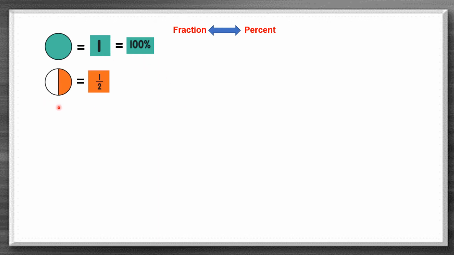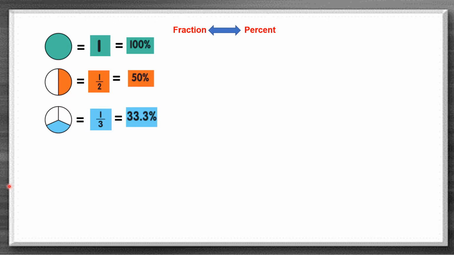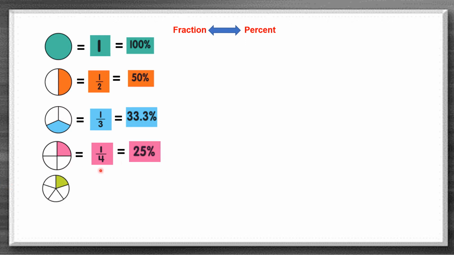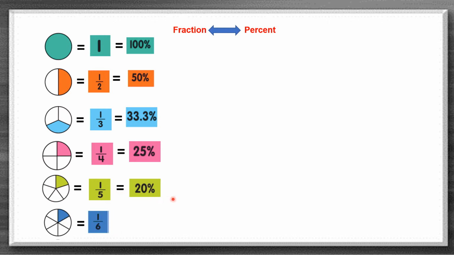This is half, 1 by 2, which equals 50%. This is 1 by 3, which equals 33.3%. 1 by 4 equals 25%, or 25% is the same as 1 by 4. This is 1 by 5, which equals 20%. Means 1 by 5 into 100 if you do, we'll get the answer 20%. 1 by 6, in the same manner, 1 by 6 into 100, we get 16.6% as the answer.